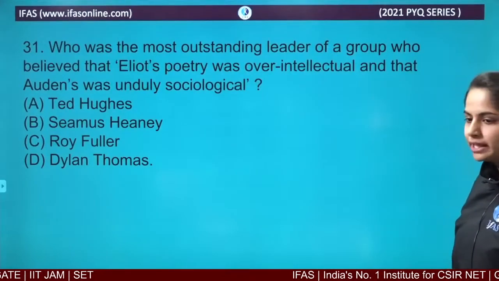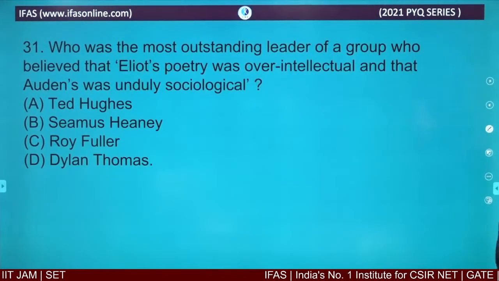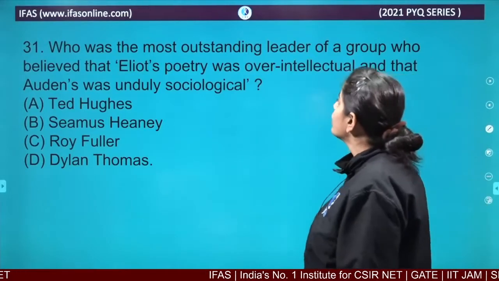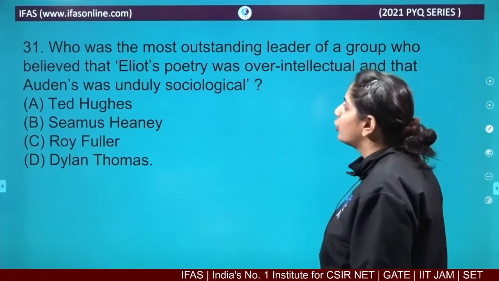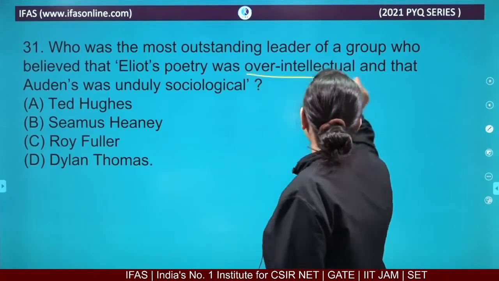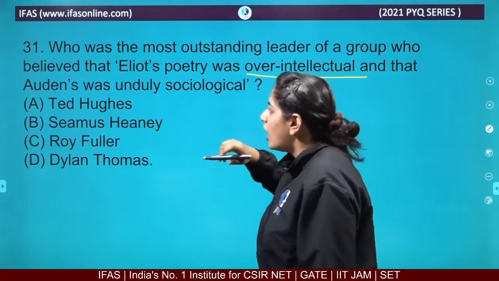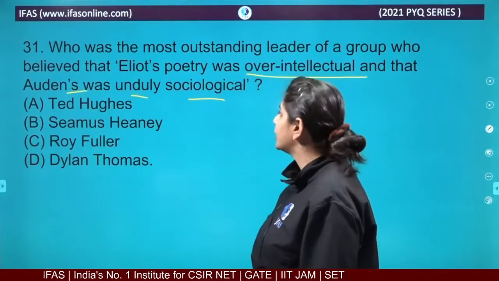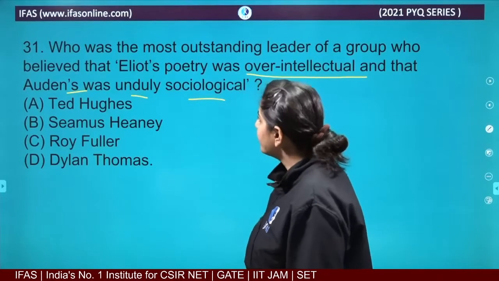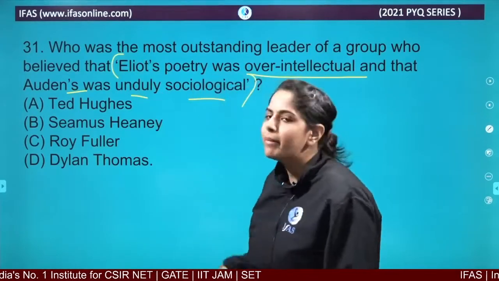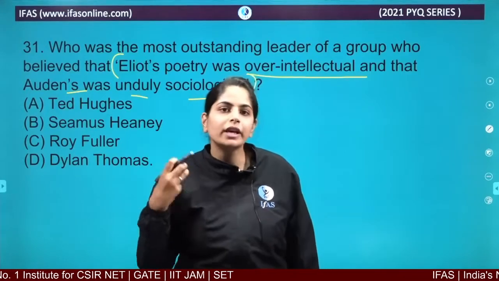Pay attention to the next question. What is our next question? Who was the most outstanding leader of the group who believed that Eliot's poetry was over-intellectual and that Auden was unduly sociological? Which group said this? I know you might not know about this because this is just historical background.